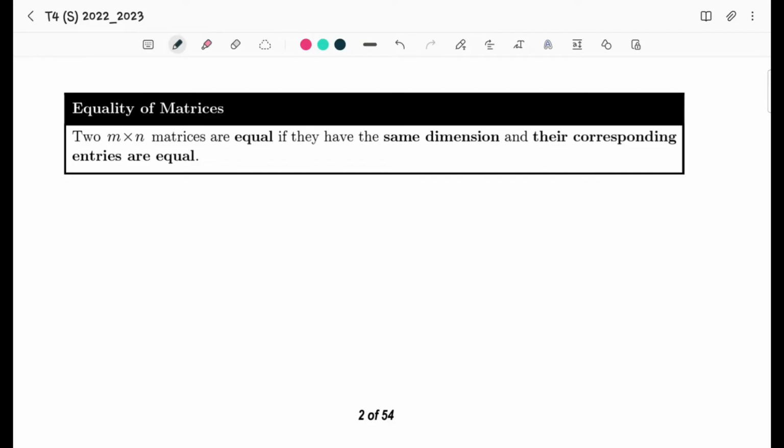Two m by n matrices are equal if they have the same dimension and their corresponding entries are equal.